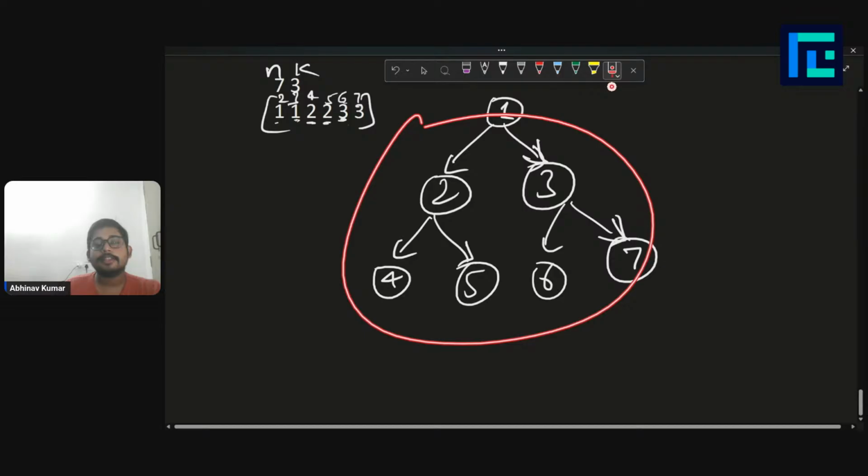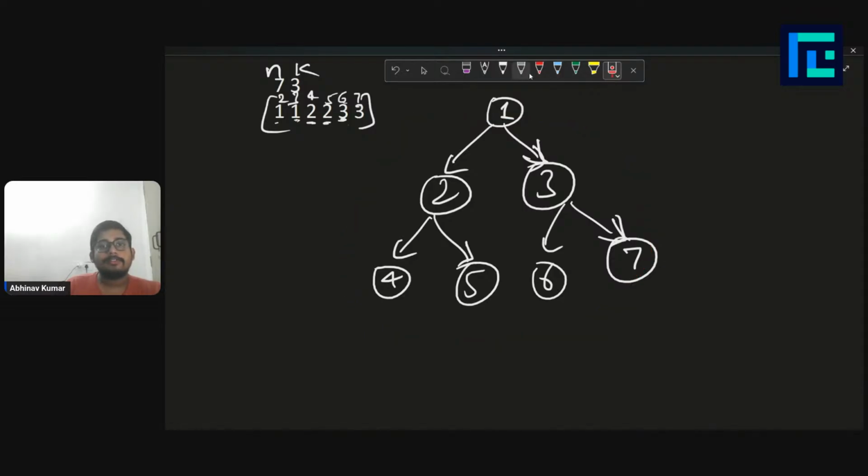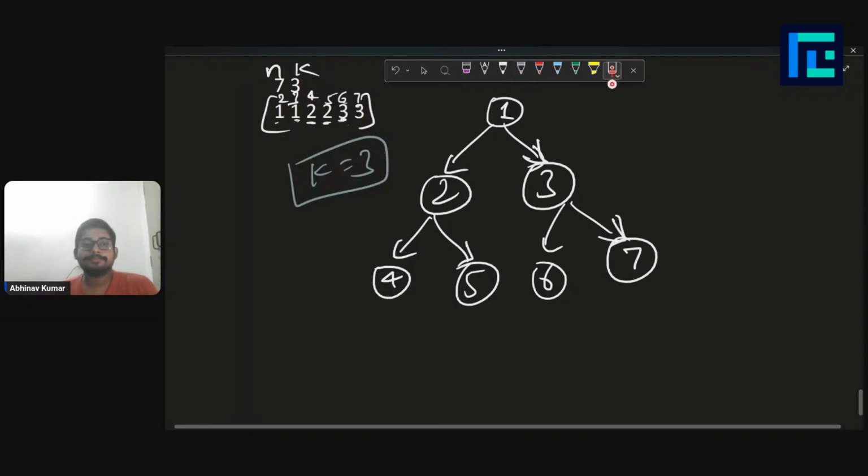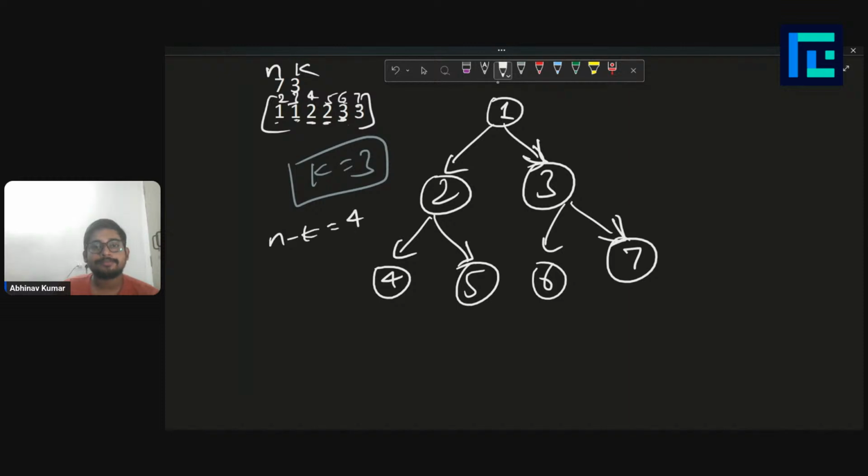For this particular tree, the value of k given to you is 3, and n minus k is 4. So you can have 3 zeros and 4 ones.